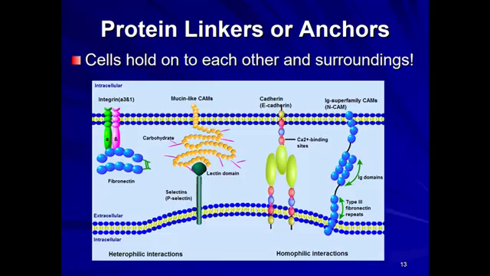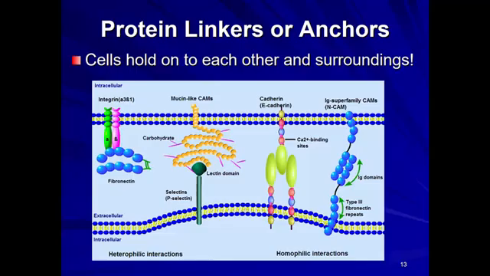Another thing that proteins can be are linkers or anchors or attachment points. Adhesion molecules are proteins located on the cell surface and are involved in binding with other cells or with the extracellular matrix in the process of cell adhesion or cell interactions. Essentially, adhesion molecules help cells stick to each other and to their surroundings.